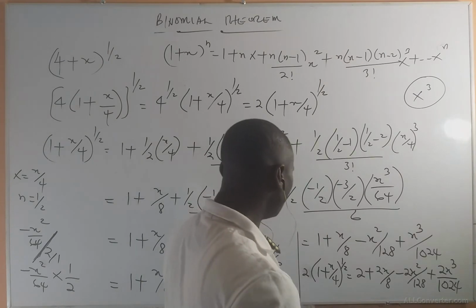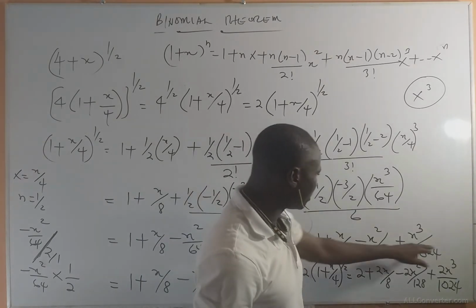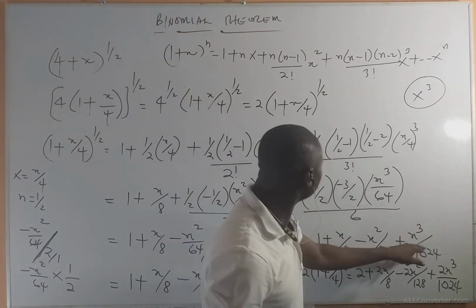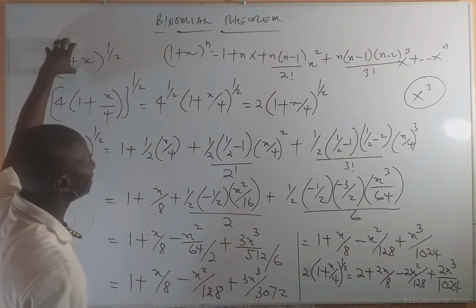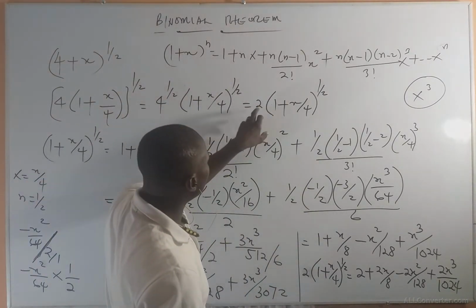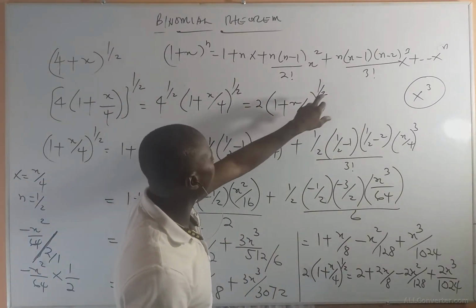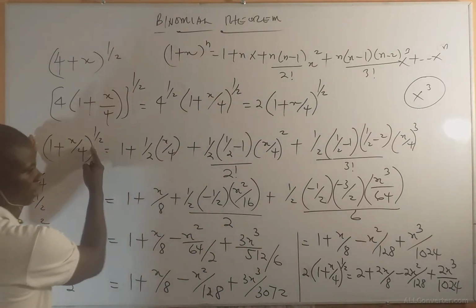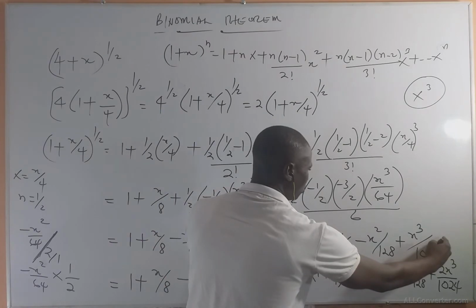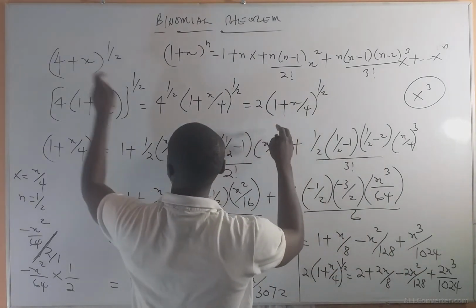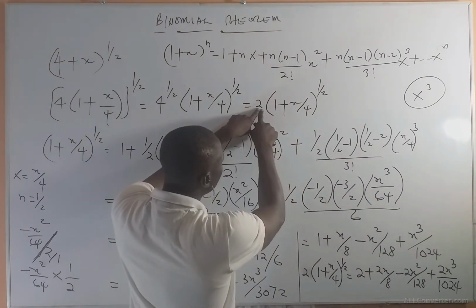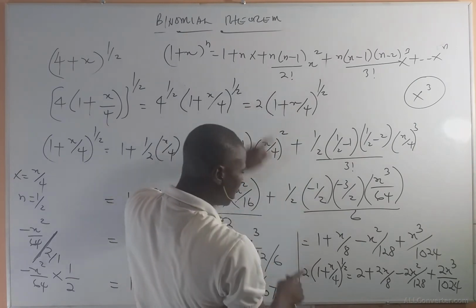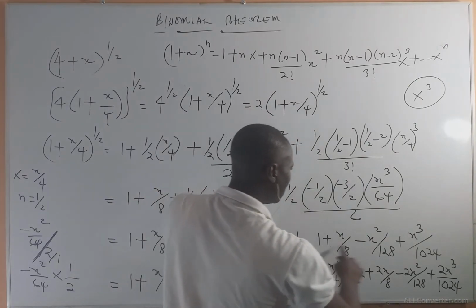We are multiplying 2 by this expression because we simplified this into this form. So it was 2 into bracket 1 plus x on 4 raised to the power half. And take note that we solved for this, and this one gave us this expression. So if you want to find for this, then we need to multiply the 2 because we left out the 2. That's why we are now multiplying the 2 by the whole of this expression.